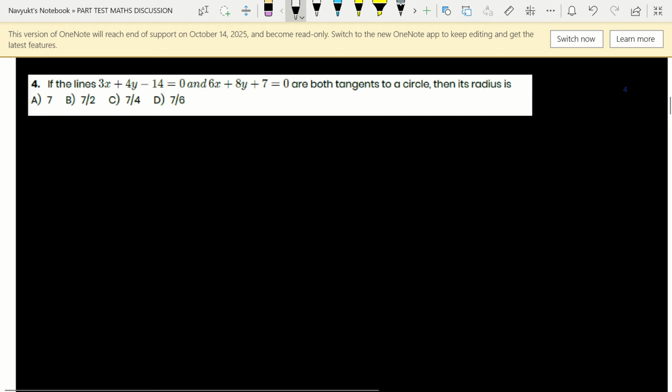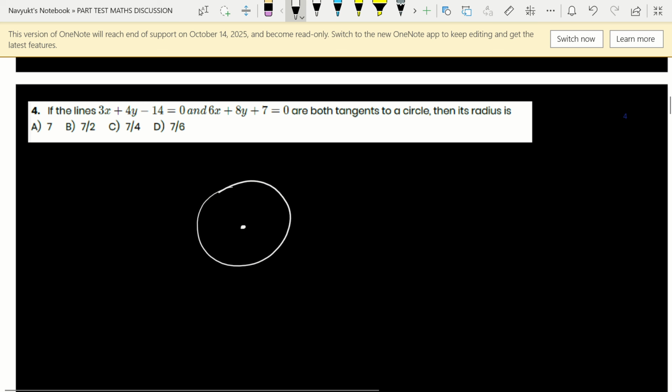Let's get to question number 4. It says if these two lines are both tangents to a circle, fine, then what will be its radius? Fine. So what we are going to do is we'll simply draw a circle with this center.